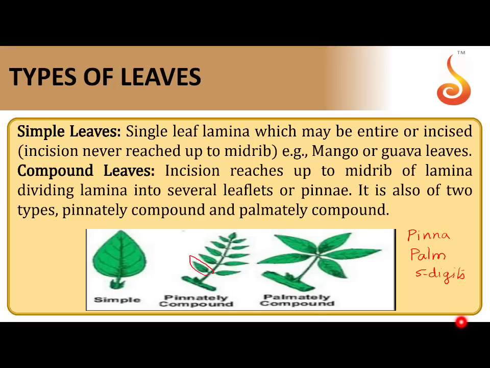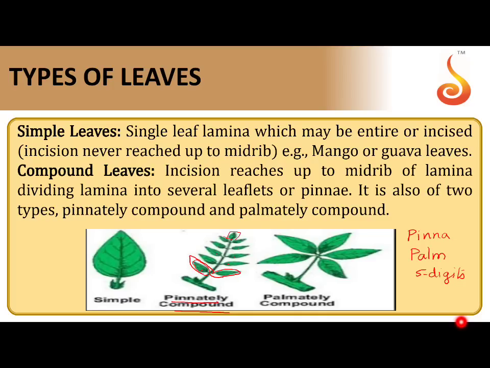Now look at these two pictures. Forget this one leaf for the time being. We have 2 leaf, 2 leaf, 2 leaf, 2 leaf. So this appears like one ear, the other ear pinna. So this type of leaf is called a pinnately compound leaf.